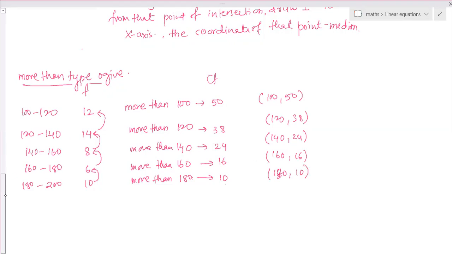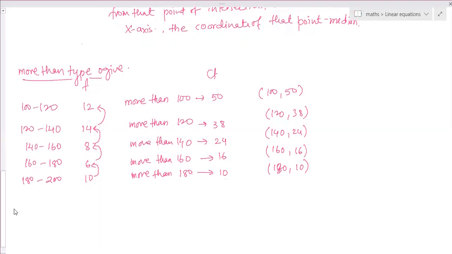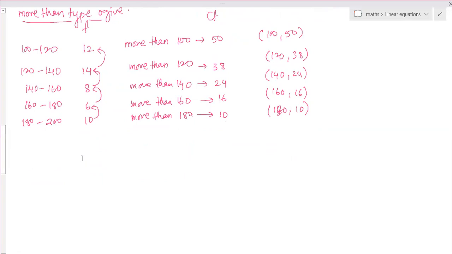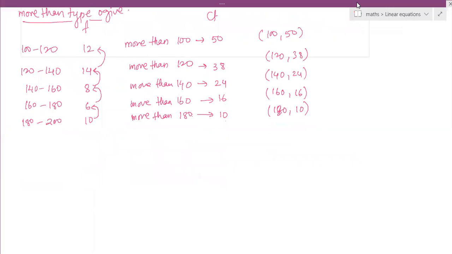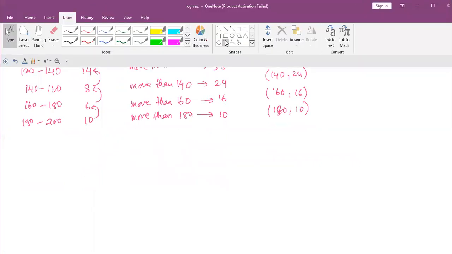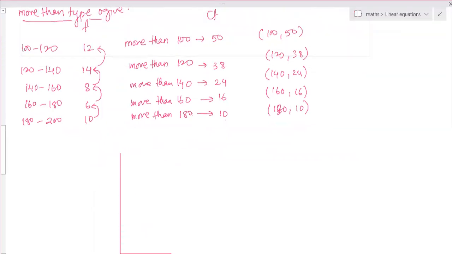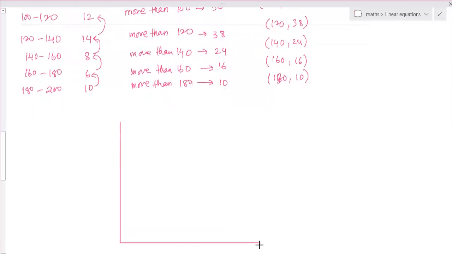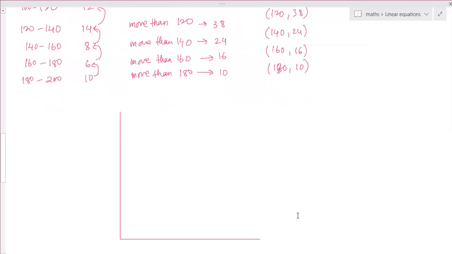Now plot these points on the graph. You will get a decreasing curve. Should we do it in a different graph? Actually, you have to do it in different graphs, but right now do it on the same graph paper, because I want to explain the third part, which can be explained when they are drawn in one graph only.